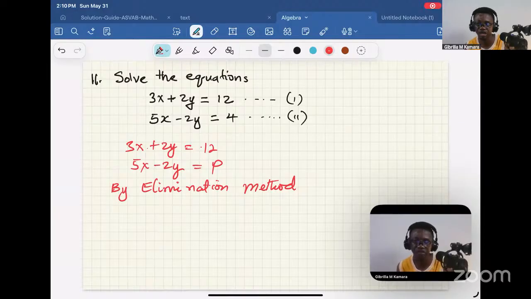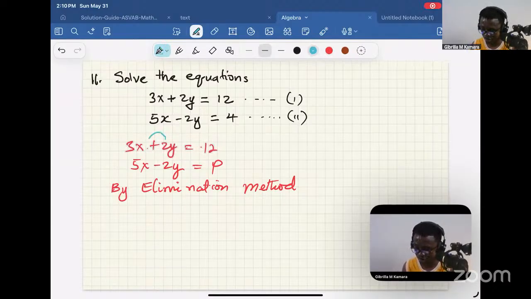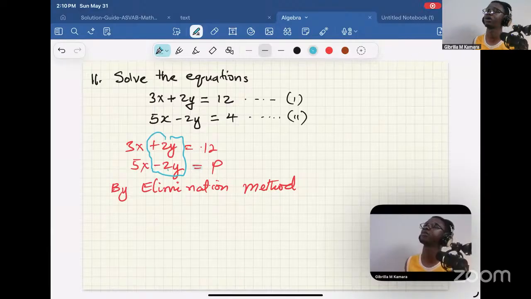It can either be x or y, but you have to look at which is easier. If you look at the two, the coefficients are the same, the numbers. You have 2, 2, right? And they have different signs. So if they are the same, it's like 1 minus 1. That's 0. So you cancel these ones.